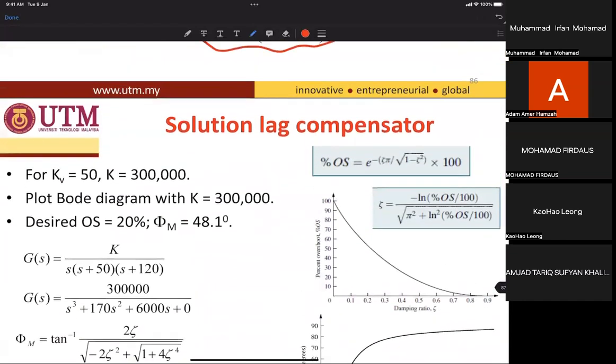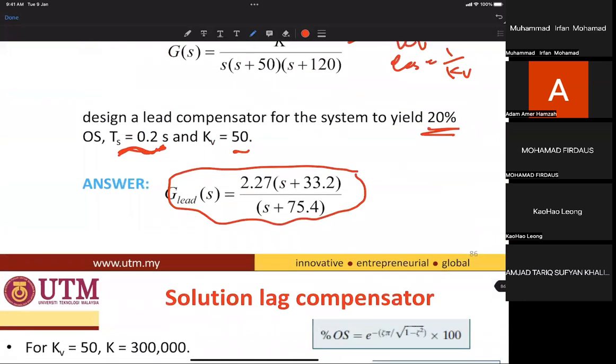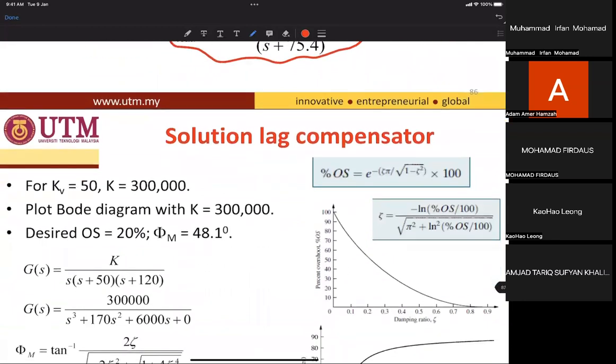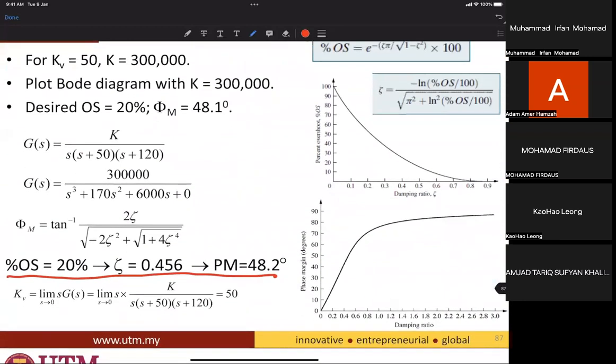And Kv 50. Use this formula, Kv 50. So K will be 300,000. So plot this 300,000.